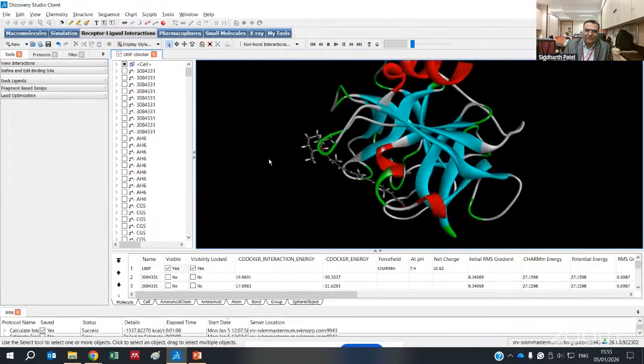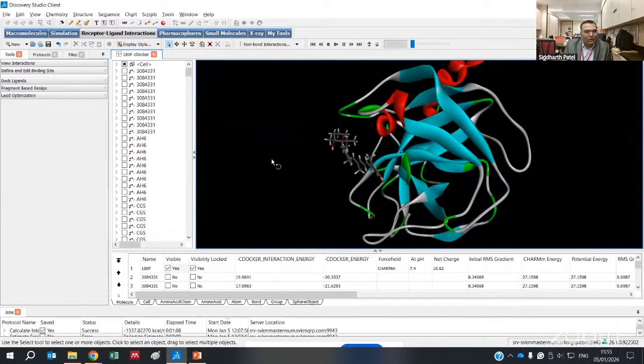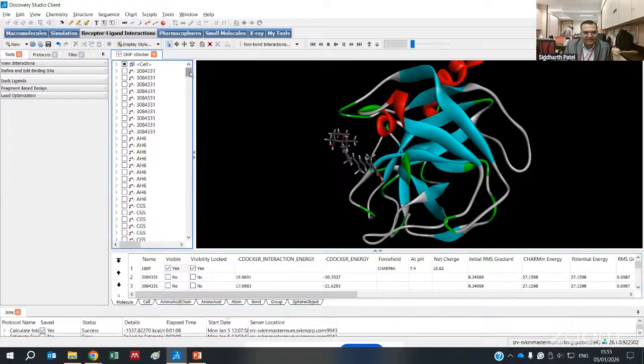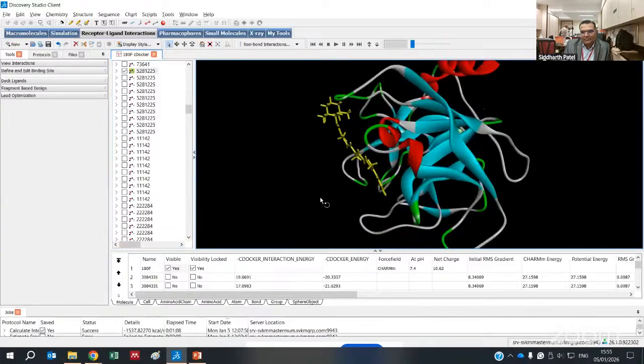Now this is the docked result of the 1BOF protein. This protein is a PDE4 inhibitor, and I've used it here. So let's say this structure, I'll just select the structure so that you will understand. This is the structure. Now you have to understand how this structure is reacting with the protein.